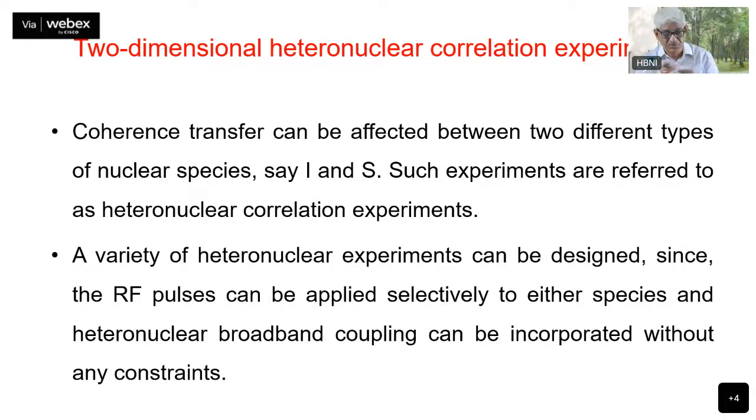In the heteronuclear case, coherence transfer can be effected between two different types of nuclear species, say I and X. Such experiments are referred to as heteronuclear correlation experiments. A variety of heteronuclear experiments can be designed since the RF pulses can be applied selectively to either species and heteronuclear broadband decoupling can be incorporated without any constraints, which is a simple thing.